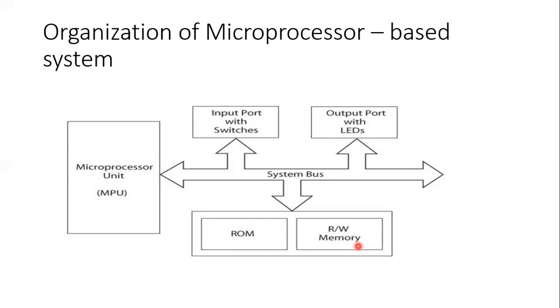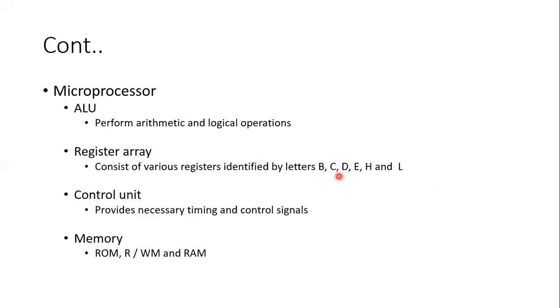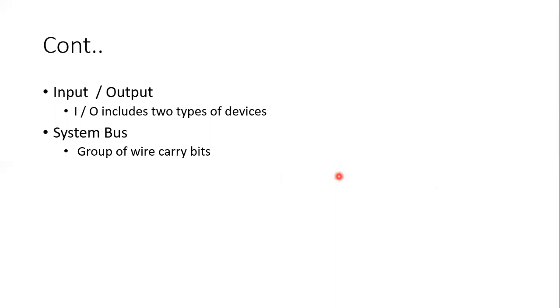Okay. Then next, input output. Already I told you what is the input output. The input is a device which receives the information from the outside world. The popular input devices are the keyboard, then switches, then analog to digital converter, etc. The keyboard uses the ASCII values.